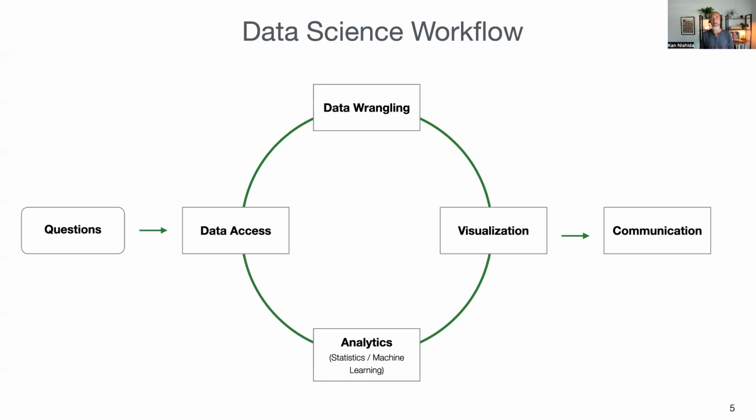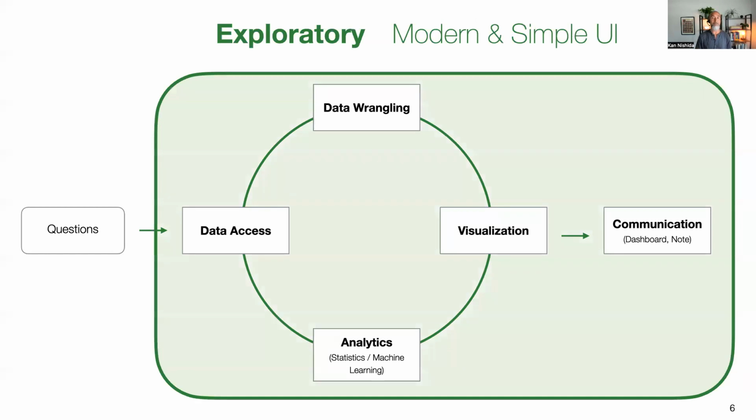You go through these 4 things, going back and forth, until you find useful insights. Most of the time, you want to share those insights with others, so the last piece on the right-hand side, communication, is also an important part of the whole data science workflow. And Exploratory provides a modern and simple UI to do these 5 things easier and quicker.